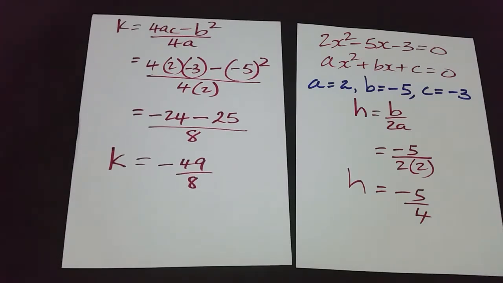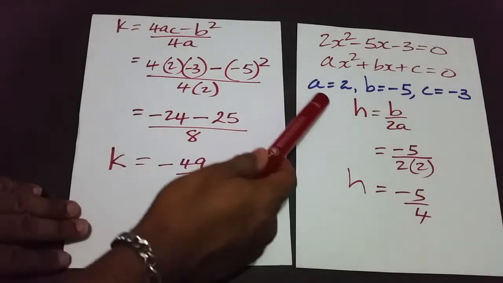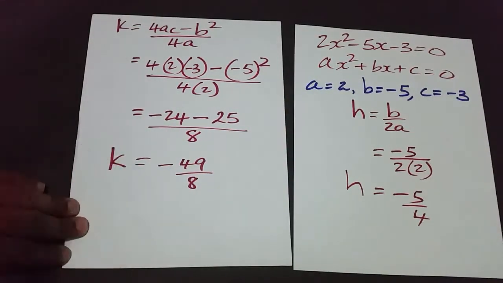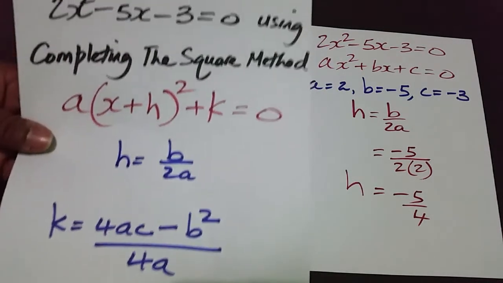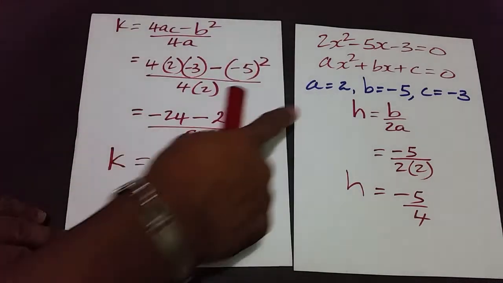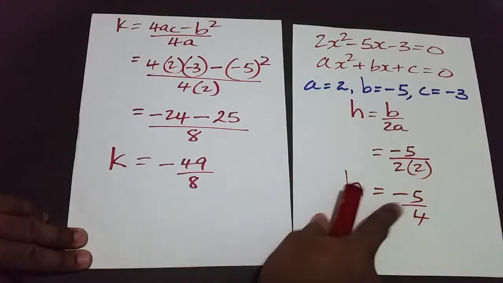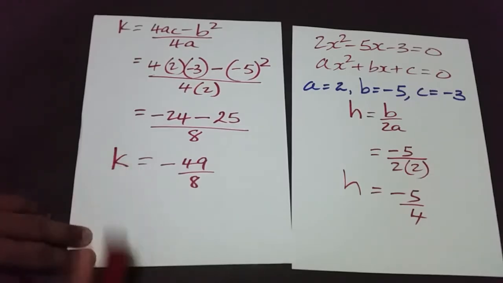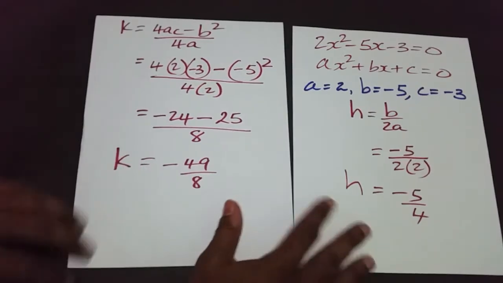Now, seeing that we have a, h, and k, all we're going to do is simply put that information into the completed square form and proceed to solve that. So remember, a is 2, h is −5/4, and k is −49/8.